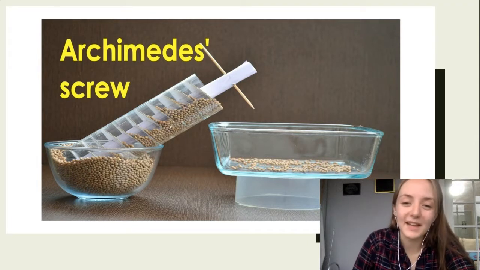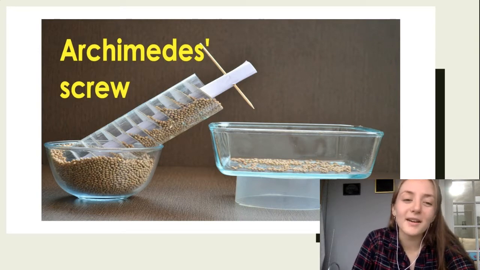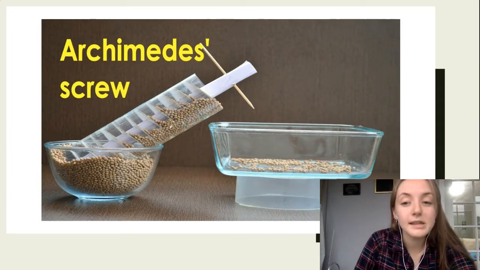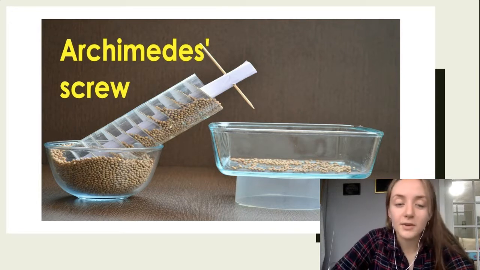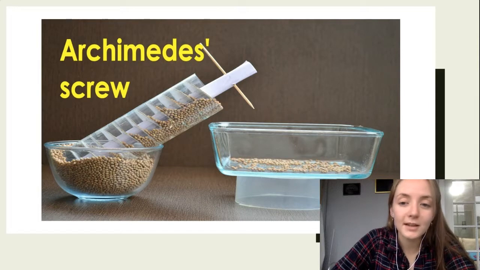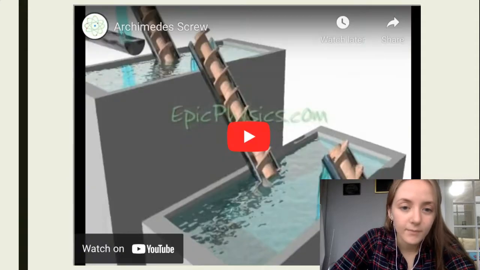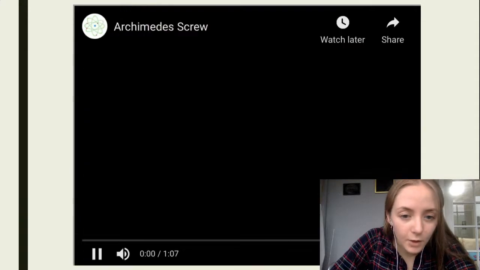So some very clever people, Archimedes, very clever person, managed to come up with a system to move things from a lower reservoir to a higher reservoir with minimal energy. So I'll just play this little video. It'll show what's happening.